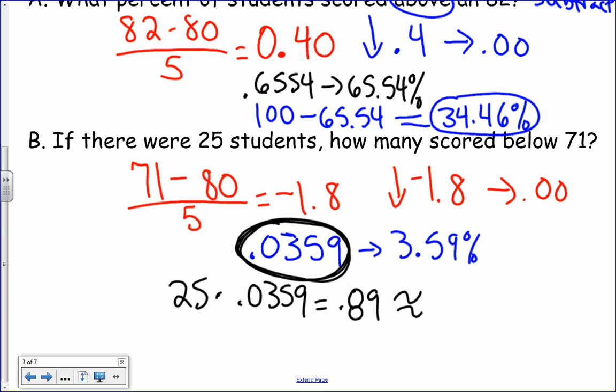Which is about one person. Think about it. 3% of 25. That's a small percentage, correct? So one person would make sense. 90 wouldn't make sense because there's not even 90 people, right? Okay, I know where you're thinking, but think about what makes sense. 3%, small percent of 25. One person, that's a small amount.